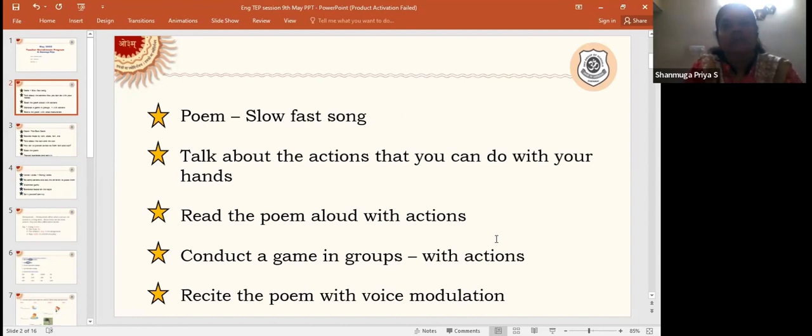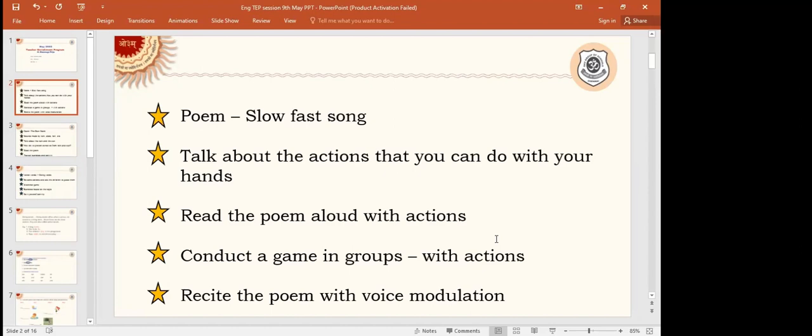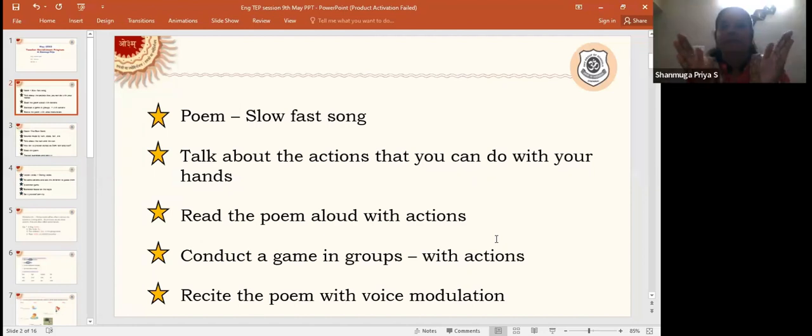So they are learning two more action words, slow and quick, fast. When we recite, we can say: clap, clap, clap your hands as slowly as you can. Then clap, clap, clap your hands as quickly as you can.